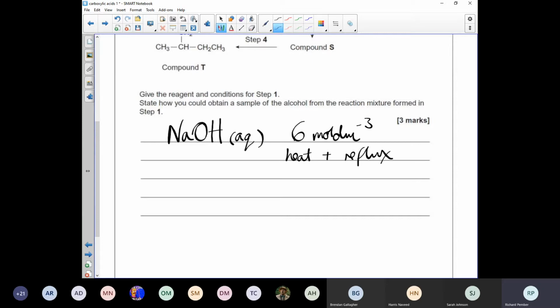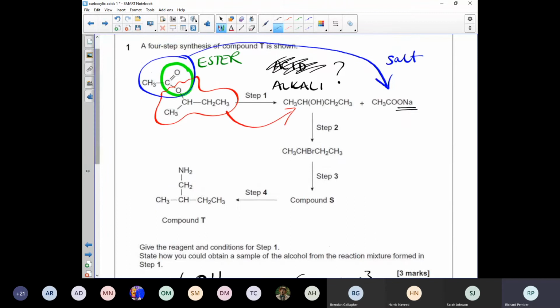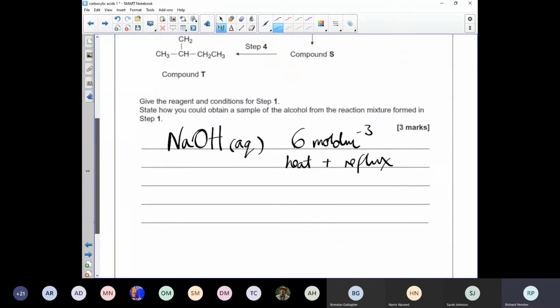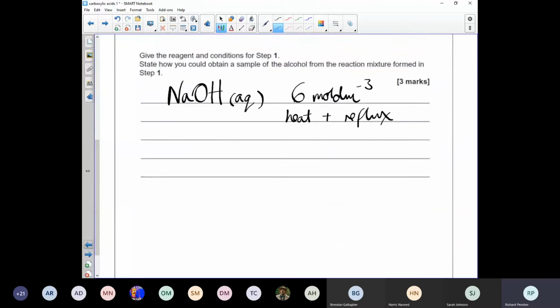State how you could obtain a sample of the alcohol from the reaction mixture in step 1. So at the end of the reaction, we have a salt and we have the alcohol. So we need to separate these, and we're going to separate them in terms of the boiling point. So I think a fairly safe answer at this point would be some kind of distillation.